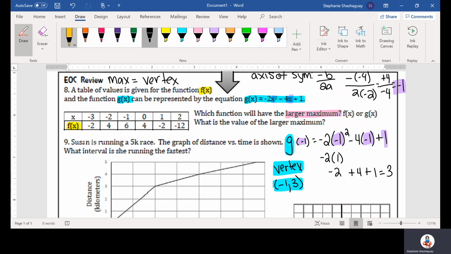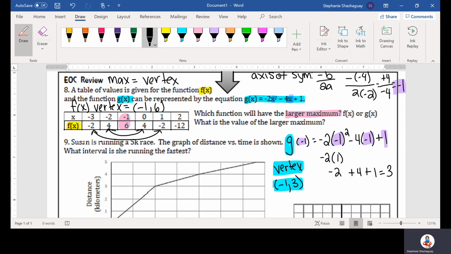Now the vertex of my f of x function I can determine by looking at my table. So my f of x vertex is equal to negative 1, 6. Well, how do I know that that's my vertex? Well, that's because that's where these solutions, my y values, start to mirror each other.